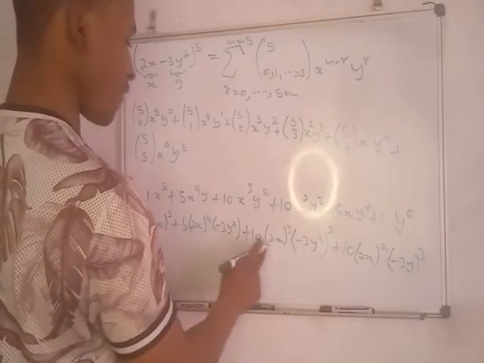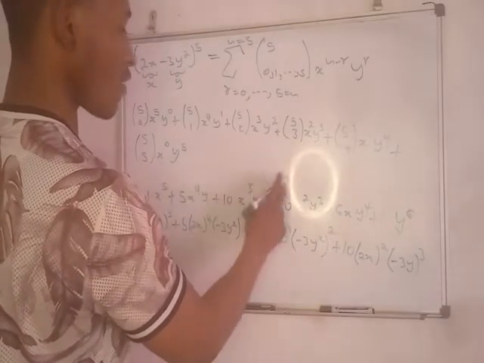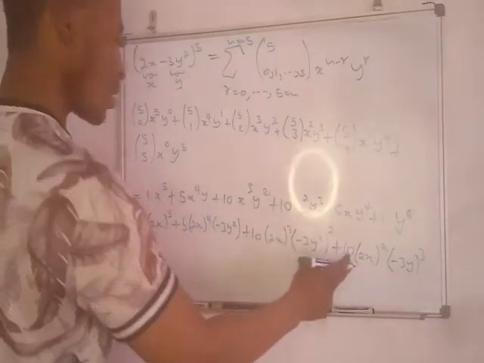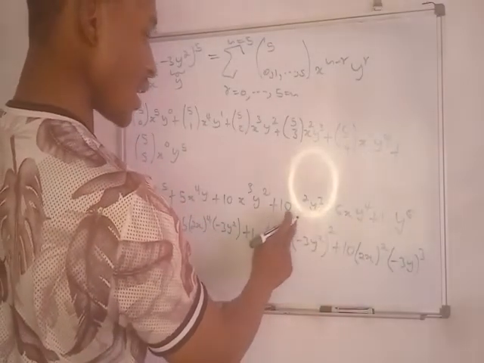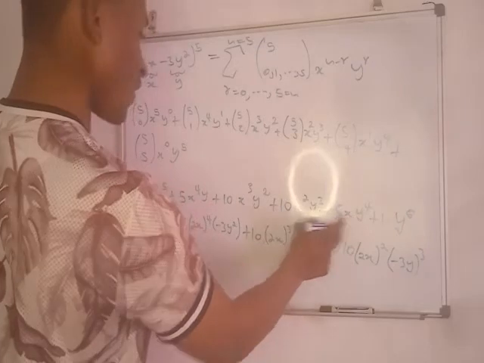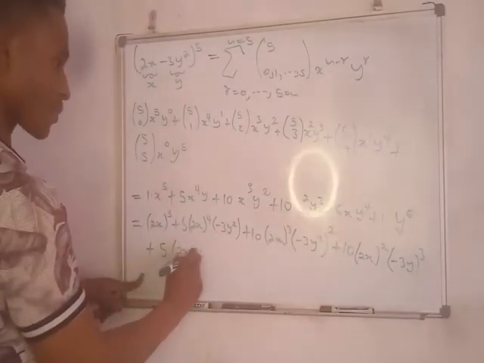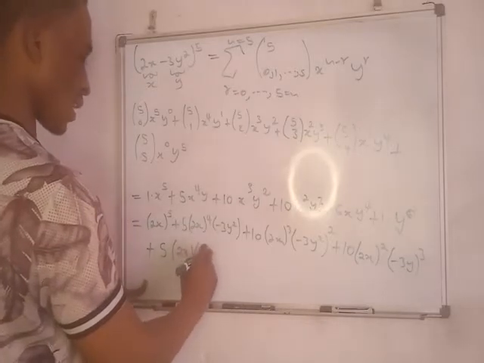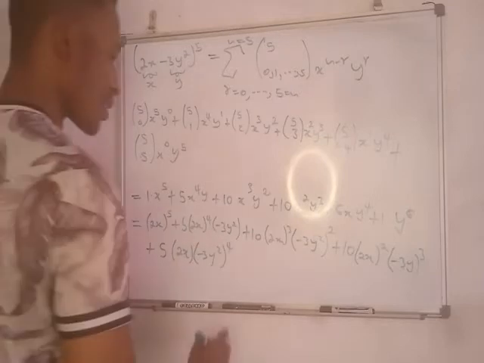Plus, counting 1, 2, 3, 4, 5, I'm on the 5. So it's going to be 5 times 2x times (minus 3y squared) to the 4. Don't forget to square this.